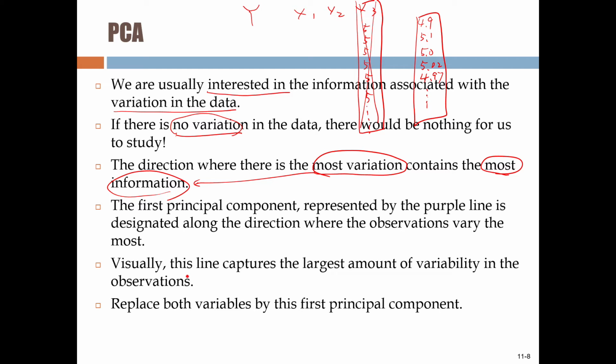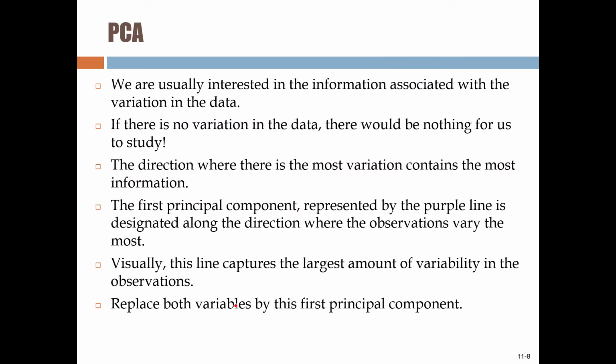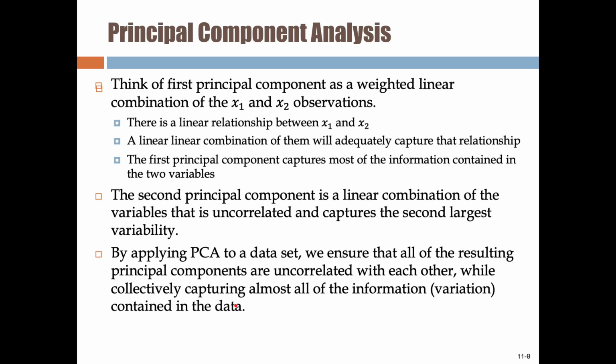Visually, the line captures the largest amount of variability in the observations, right? And we replace both variables with the first principal component. Then we can reduce the dimension by one. Previously there were two independent variables, now we are using only one independent variable. So think of the first principal component as a weighted linear combination of x1 and x2.